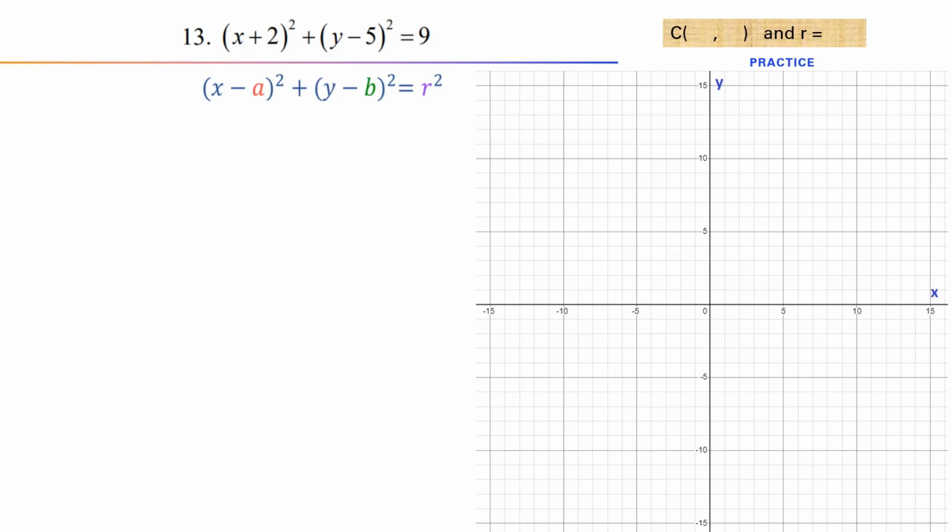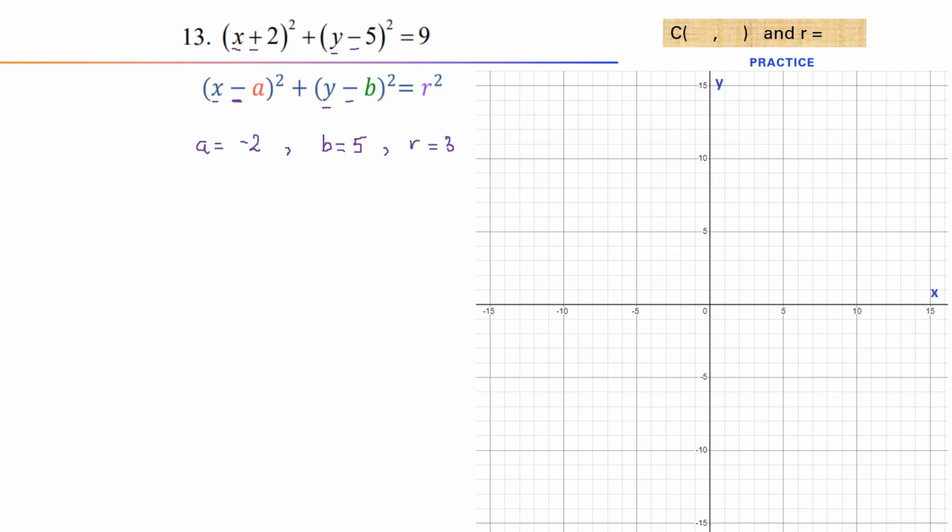Alright, so we have that x right here, but now plus 2, right? This one has to be negative. It has to be negative. So it means a is negative 2. Now we have y here, minus, so b equals 5. How about the radius? 9 is equal to 3 squared.